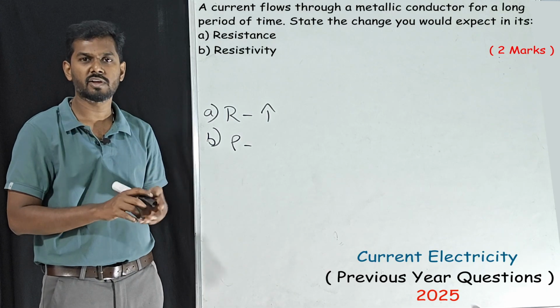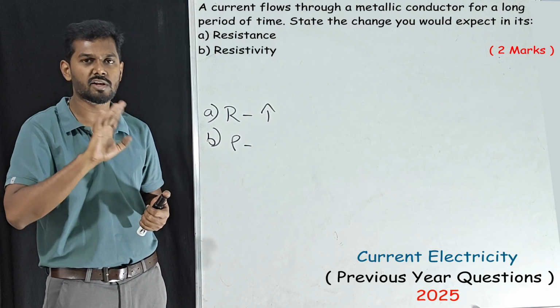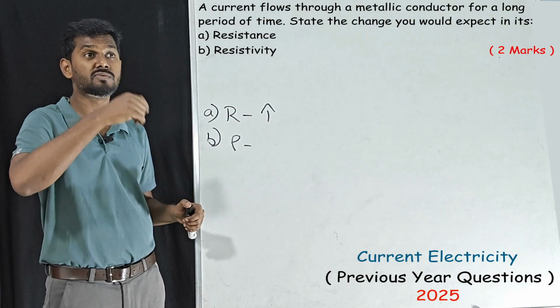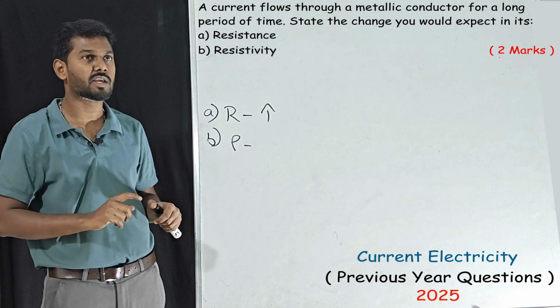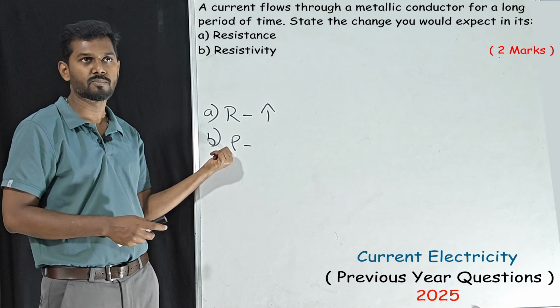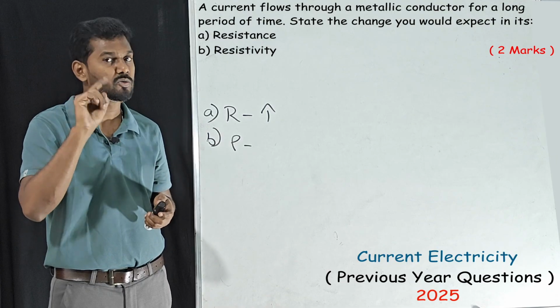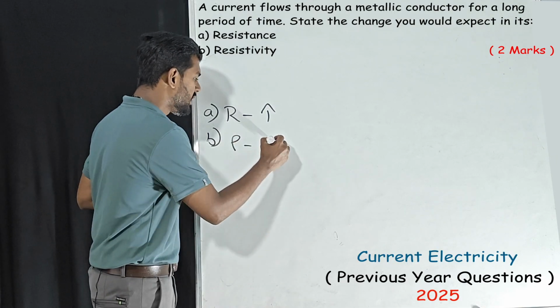We know specific resistance, if the length and area increase, will never change. But here they are talking about current flowing through a metallic conductor. Metallic conductor is also one of the keys for resistivity. When it comes to conductors, specific resistance is directly proportional to temperature. That means if the temperature increases, specific resistance increases.